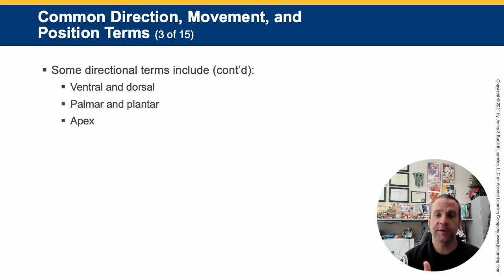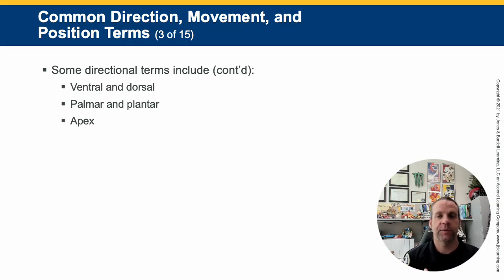First, we have ventral and dorsal. Not widely used nowadays, but still relevant. These terms are similar to anterior and posterior, but they're rooted in embryological development and are still used in clinical language. But again, in the pre-hospital setting, you're probably going to hear anterior and posterior a whole lot more.